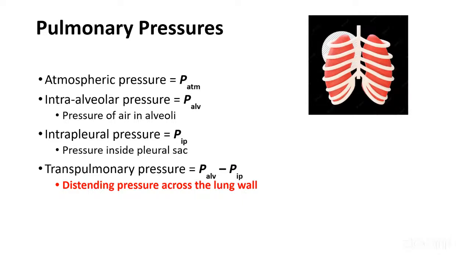I had highlighted for you that among these pulmonary pressures, we have many values we can measure, but our two most important numbers to compare are our atmospheric pressure, the pressure in the room around us or the pressure outside. That's not something that we can control, and it's not something that tends to vary. But what does change is our intraalveolar pressure.